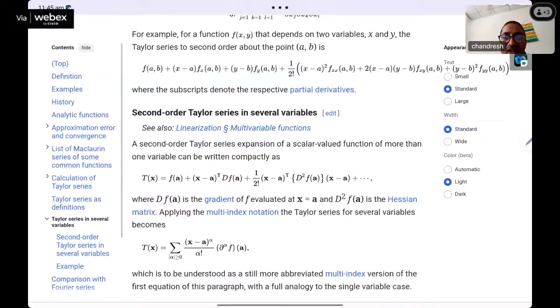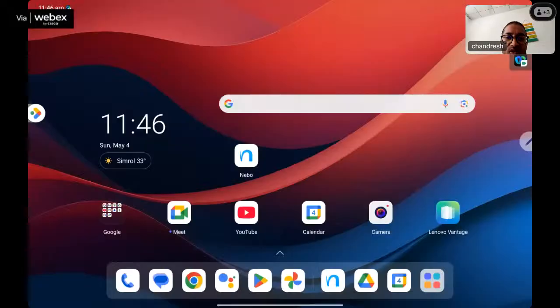We are using this equation. There we are using y and x; here they have used x and a, so don't worry about that.